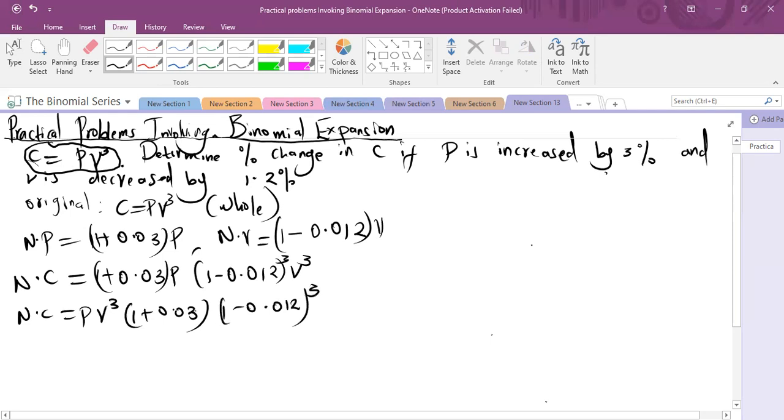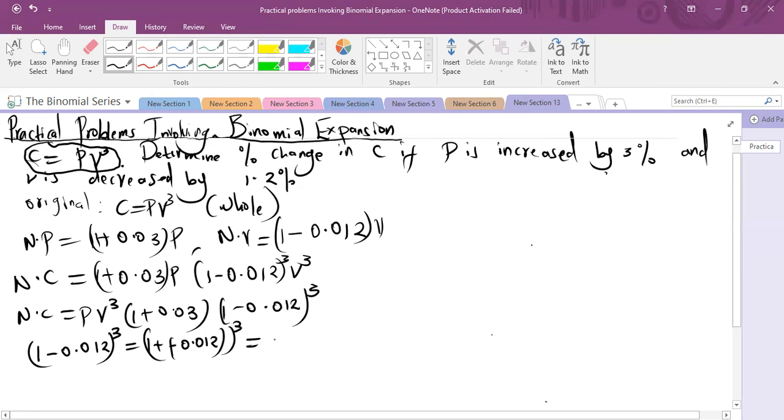So this is raised to power 1, nothing much to be expanded there. We expand this, 1 minus 0.012 raised to power 3. I can also write this as 1 plus minus 0.012 raised to power 3. Now, when we come to carry out this expansion, we're only going to write the first 2 terms of this expansion.